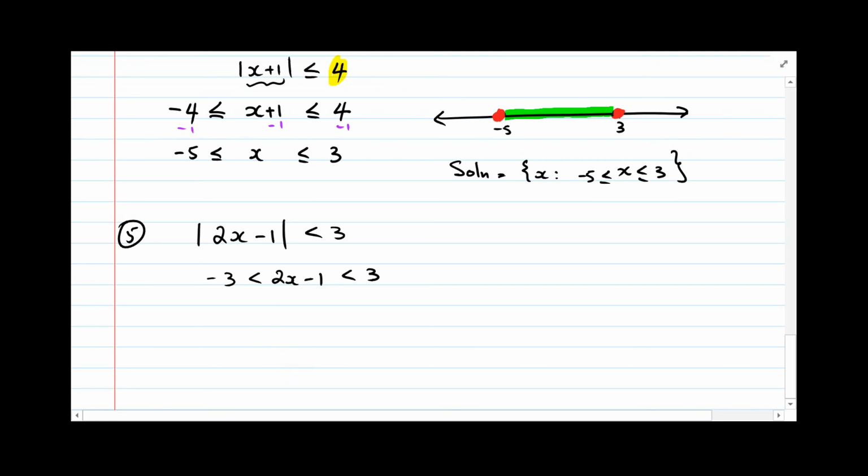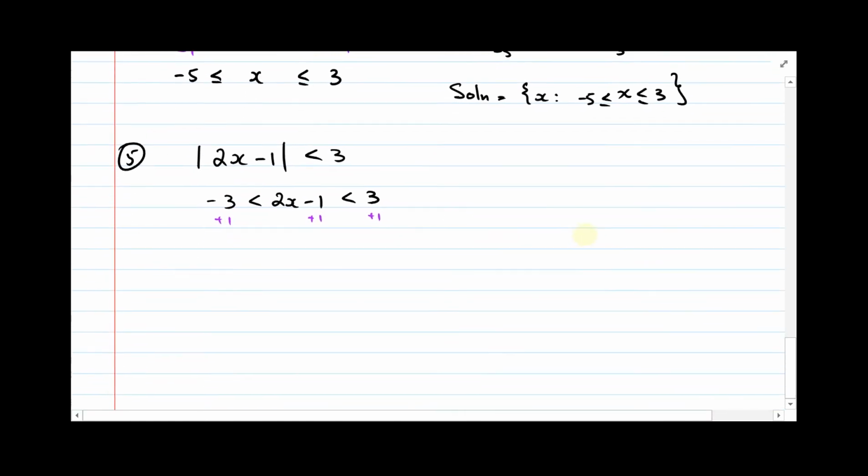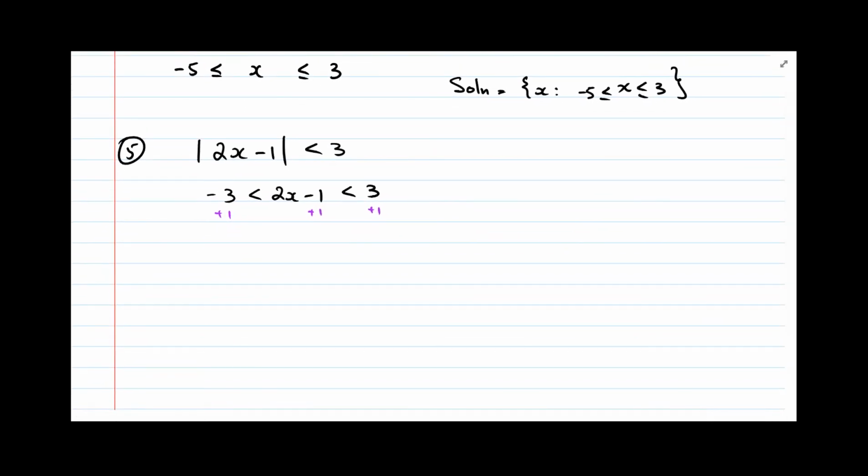Same style of inequality, the less than symbol. Again, how do we solve for x? We're going to first add 1 to all the parts, and in doing that we end up with negative 2 is less than 2x, which is less than 4.